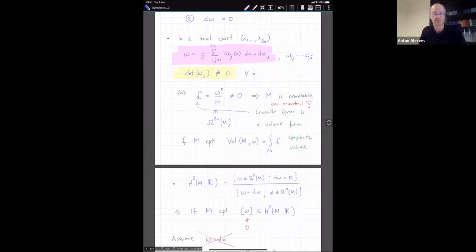Probably many of you are very fluent with it, but if not, just check that this is indeed the case. So dx_i ∧ dx_j is dx_i tensor dx_j minus dx_j tensor dx_i, and you substitute your vector field in the first.